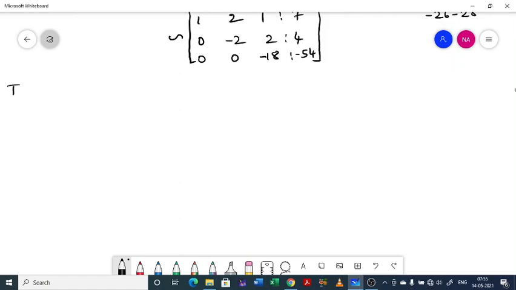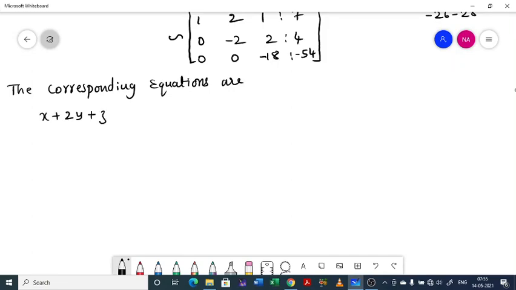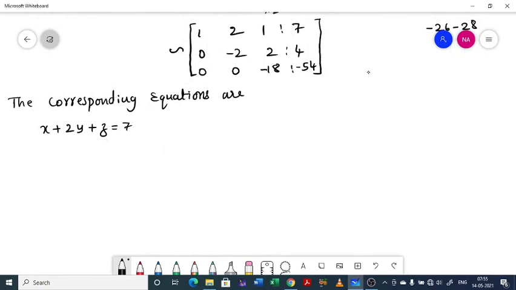The corresponding equations are x plus 2y plus z equal to 7, and minus 2y plus 2z equal to 4, minus 18z equal to minus 54.